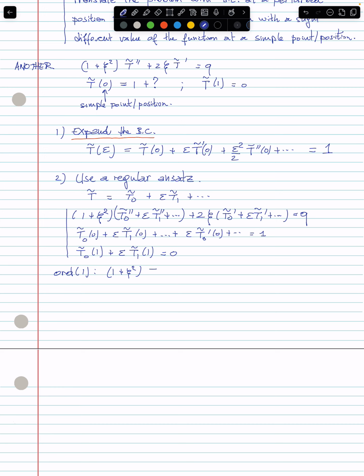So we have the second derivative of t0 plus twice xi times the first derivative of t0 is equal to q, with the boundary conditions which are those of the unperturbed problem. So t0 at 0 is equal to 1, and t0 at 1 is equal to 0.